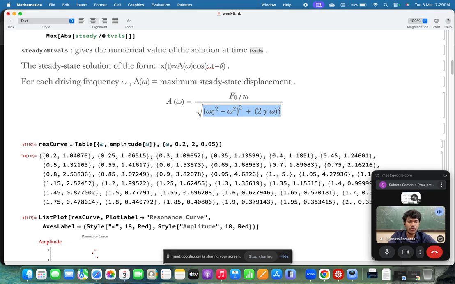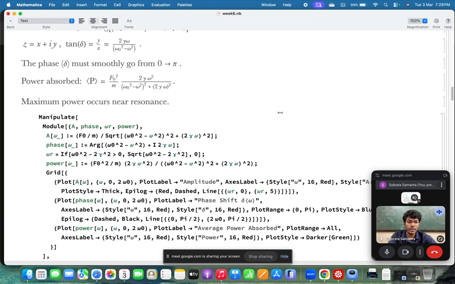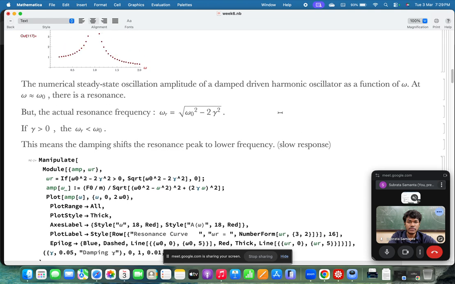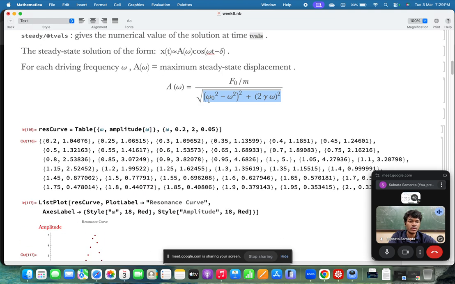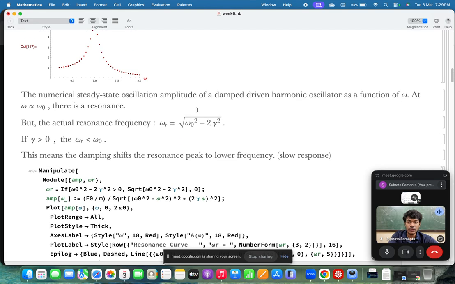You know how to minimize this: you calculate the derivative and find at what value of omega it gives the minimum. If you calculate this, omega r is basically the square root of omega naught squared minus 2 gamma squared. So this is the actual resonance frequency.